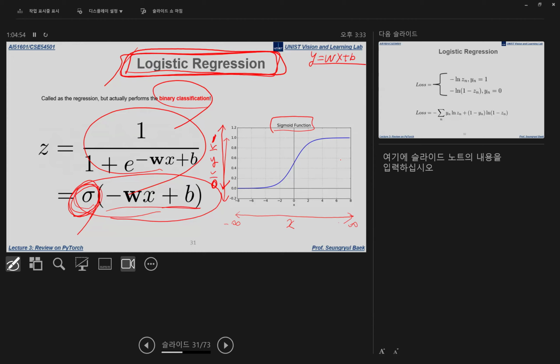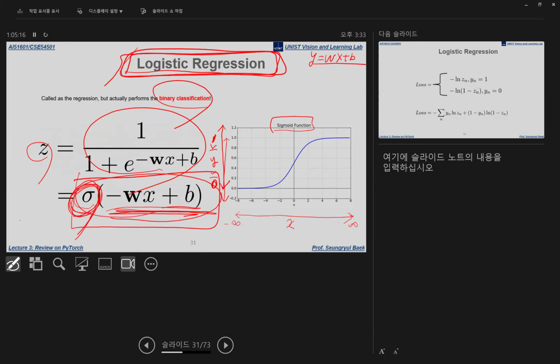Okay, are you guys understanding that? So the y variables are always bounded. This linear equation is not bounded, but we apply it to the sigmoid function to bound these g values within 0 to 1.